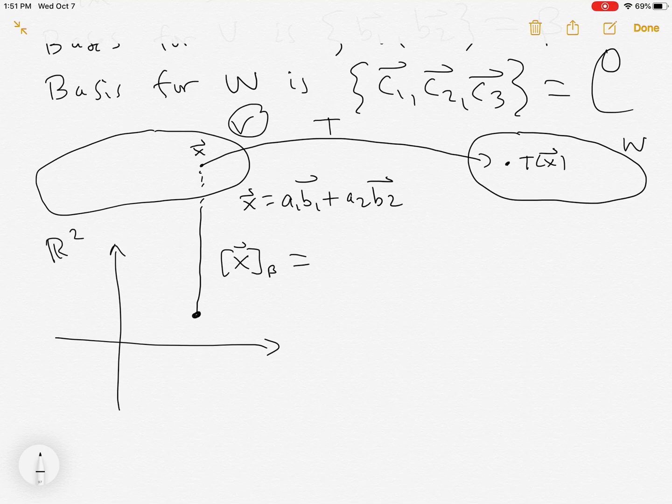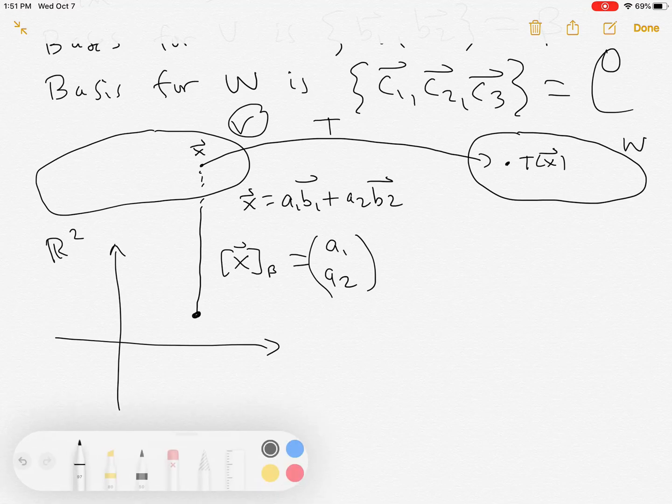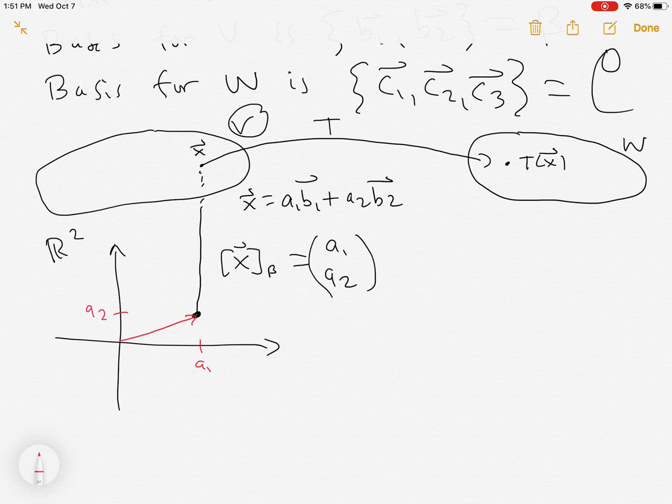The coordinate vector is just a1, a2. So the linear transformation takes vectors in V to vectors in W, and it can be very complex and weird, but this change of coordinates projects the vector x in V onto Rn, in this case n being 2.